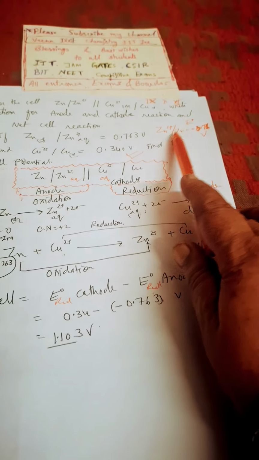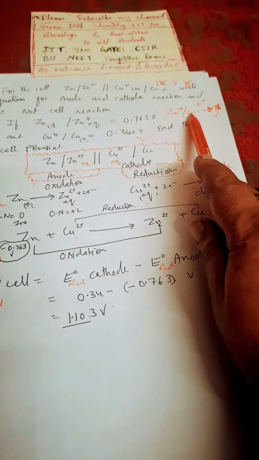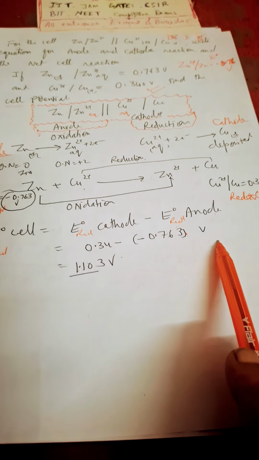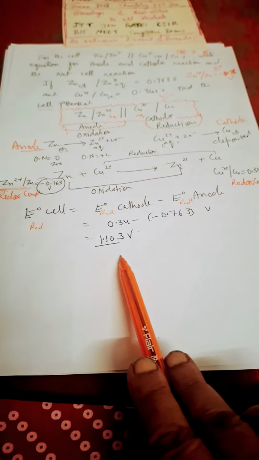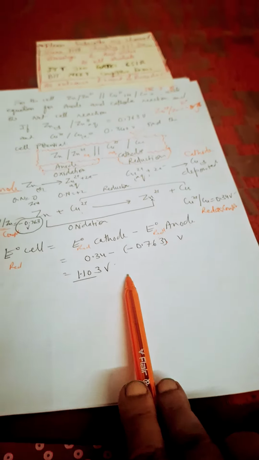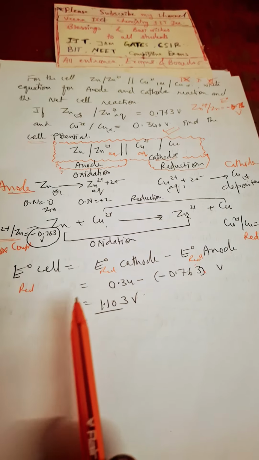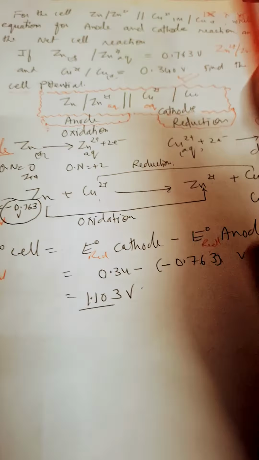What is the value of E naught anode? This is 0.76, so this is minus 0.76 volt. Sign change, minus plus, add them together, it will be 1.103 volt. Always remember, if E naught cell is positive, then you are doing correct. If it is negative, it means your cell representation is wrong.